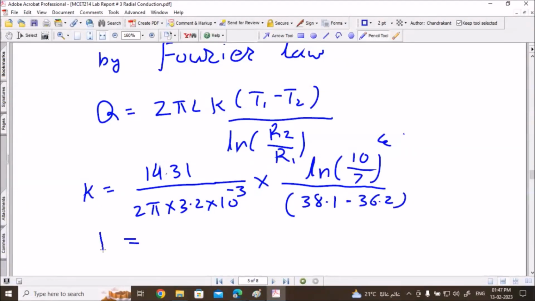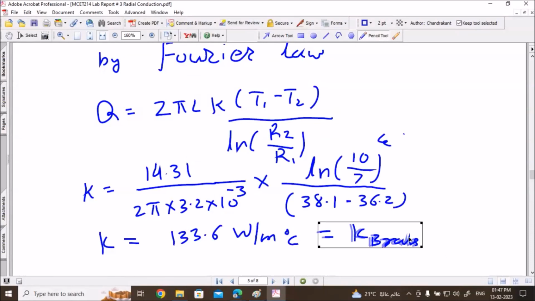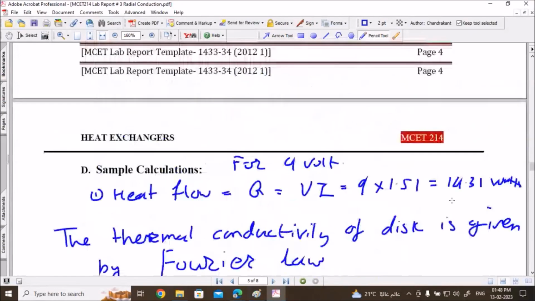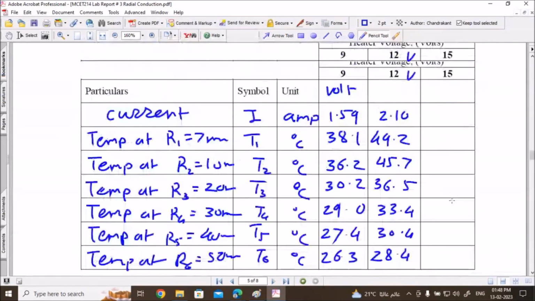You will get thermal conductivity K of 133.6 watt per meter degree centigrade. So this is around the thermal conductivity of the brass. The material is brass as per the specification of the equipment, and it is around same. So answer is correct. Once I know the thermal conductivity, I can find out the temperature at outer radius.